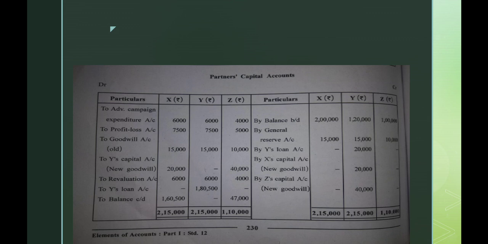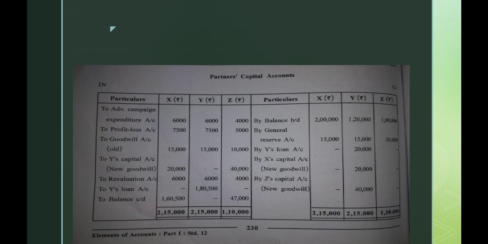So we were talking about that the total of column of Y on the credit side is higher compared to the total of debit side. Now the amount of difference. From 2,15,000 you have deducted the respective amount presented on debit side. That is 6,000, 7,500, 15,000 and 6,000 again, revaluation.